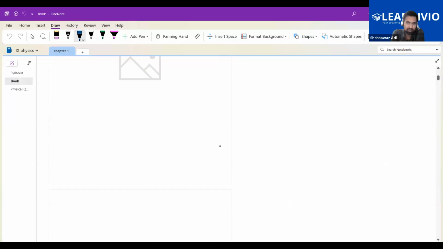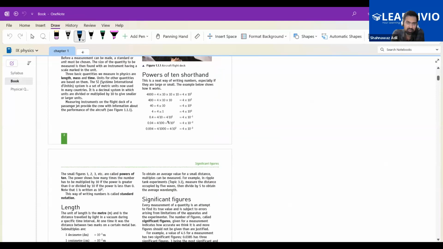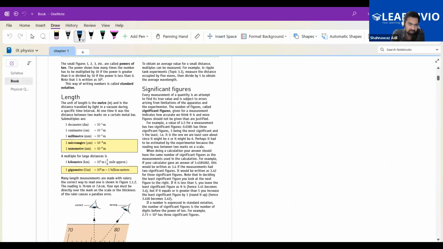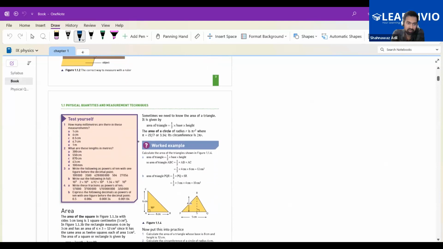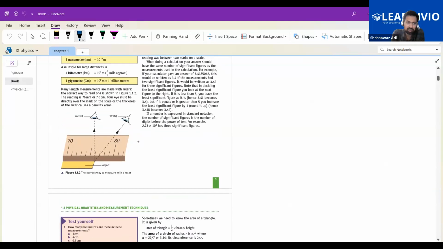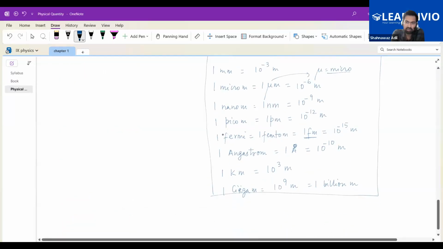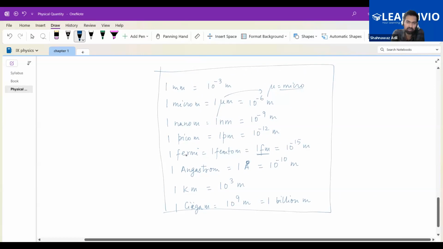We also have to talk about area. Whatever is not there, please note it down: pico, Fermi, angstrom. Whenever you have noted, please tell.